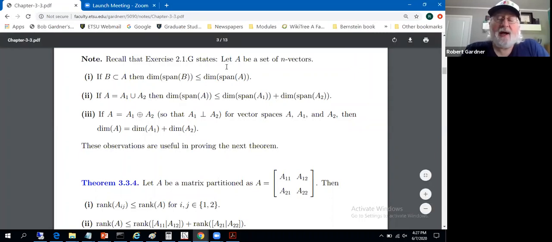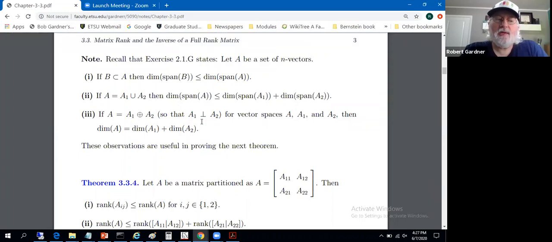There's no hypothesis about linear independence, and we get an inequality there. If the set of vectors A can be written as this direct sum, A1 direct sum A2, that required that A1 and A2 be perpendicular.